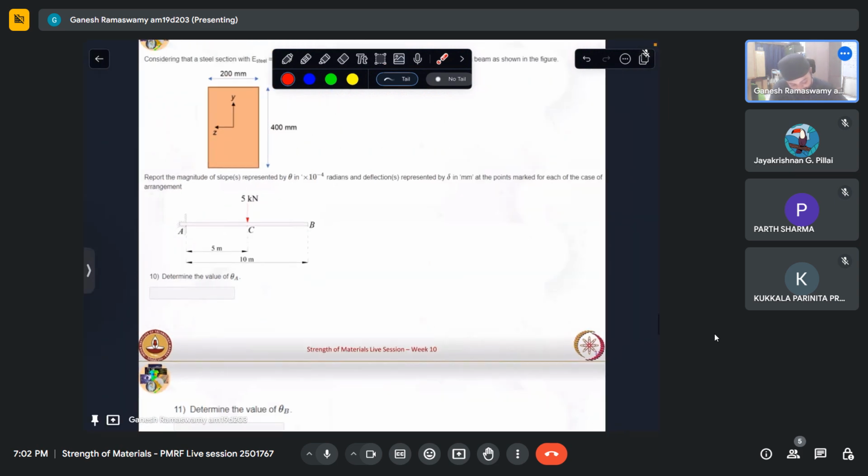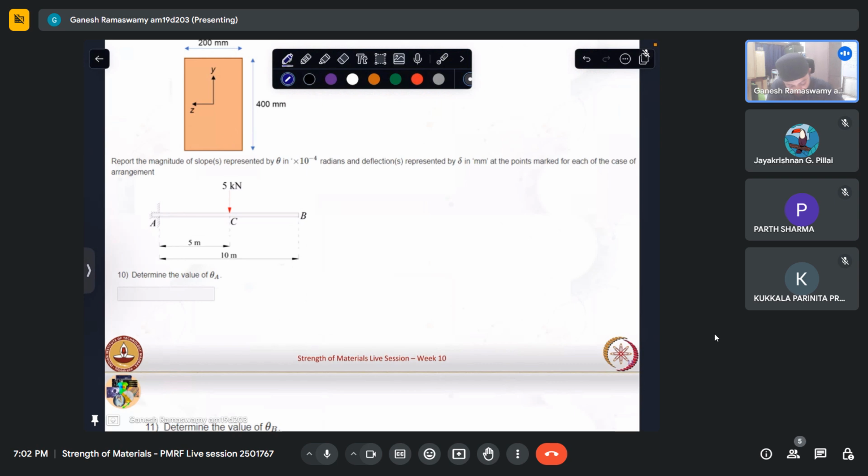So if we were to approach this using our double integration method, we have EI d2v by dx squared is equal to the moment.